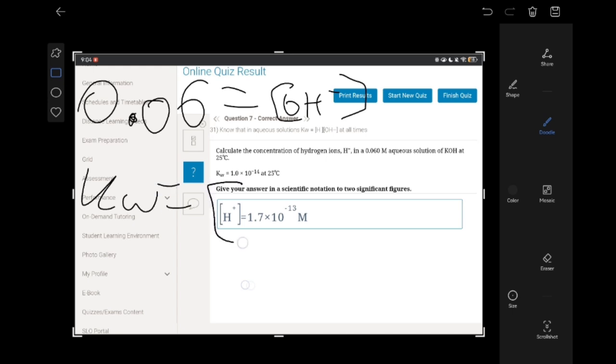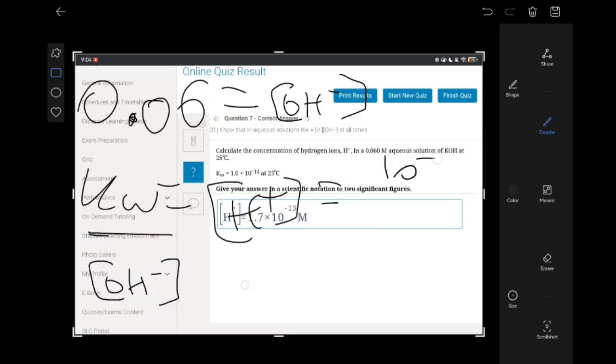Kw equals H plus times OH minus. Divide both sides by OH minus to get H plus alone, which is equal to 10 to the negative 14 over 0.06. And that's it.